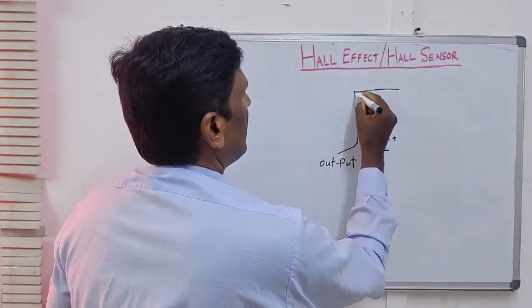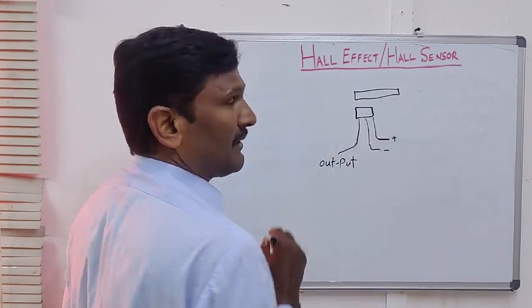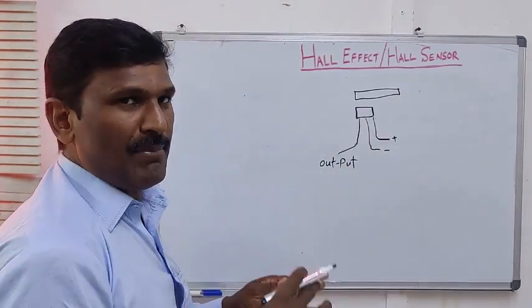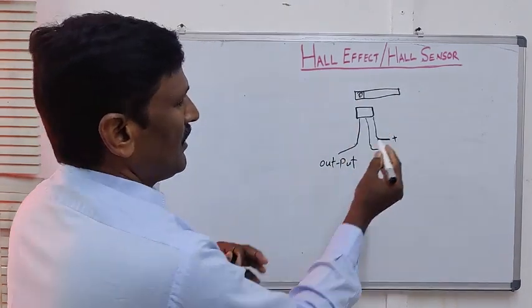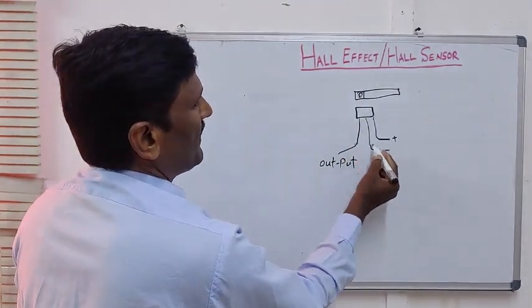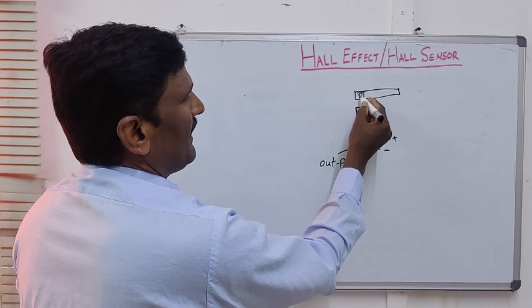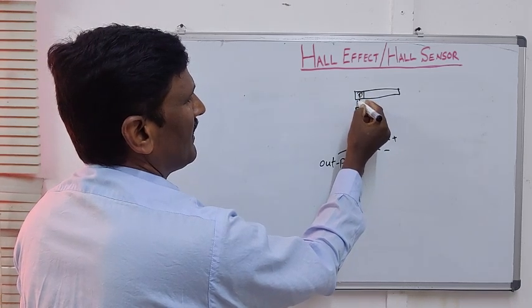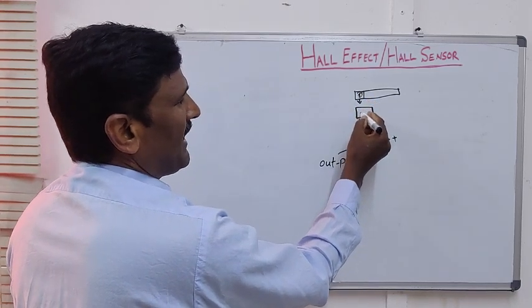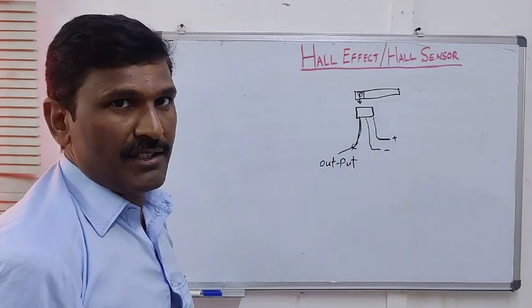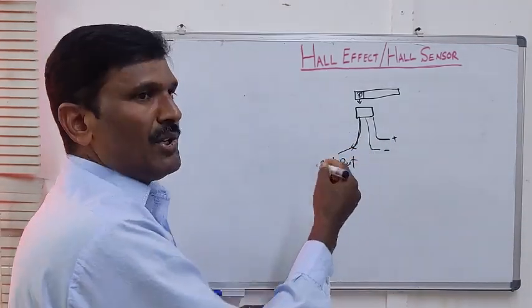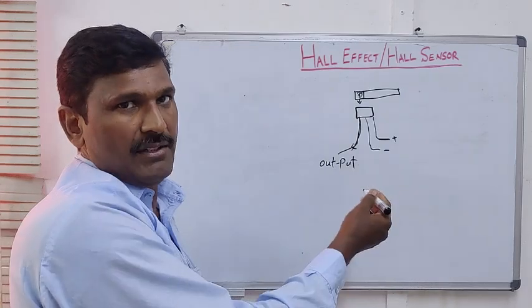Here we put a magnet, of any type and any shape. When we apply the DC voltage and the magnet is detected here, we get the output voltage, and this output voltage is used in our application.